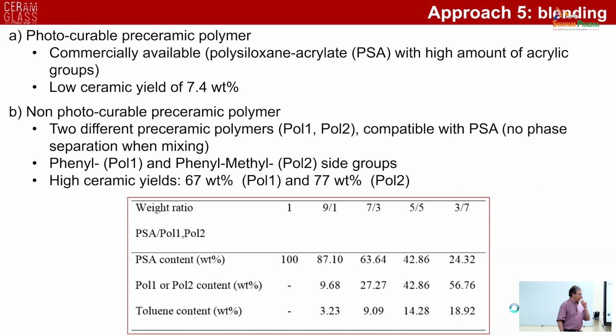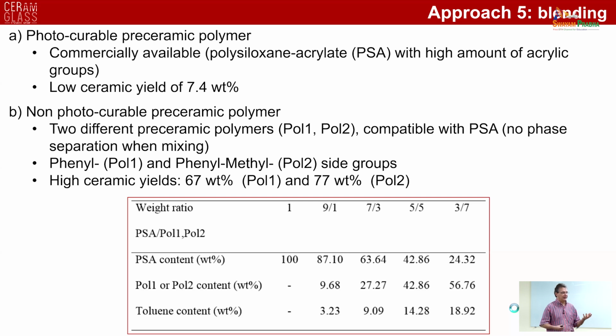The second approach is actually more simple because it allows you to use any type of preceramic polymer. So we came up with this idea that if we can create a stable solution between a photocurable polymer and a non-photocurable polymer, and we photocross-link the polymer to generate a part, we would have a co-continuous network.